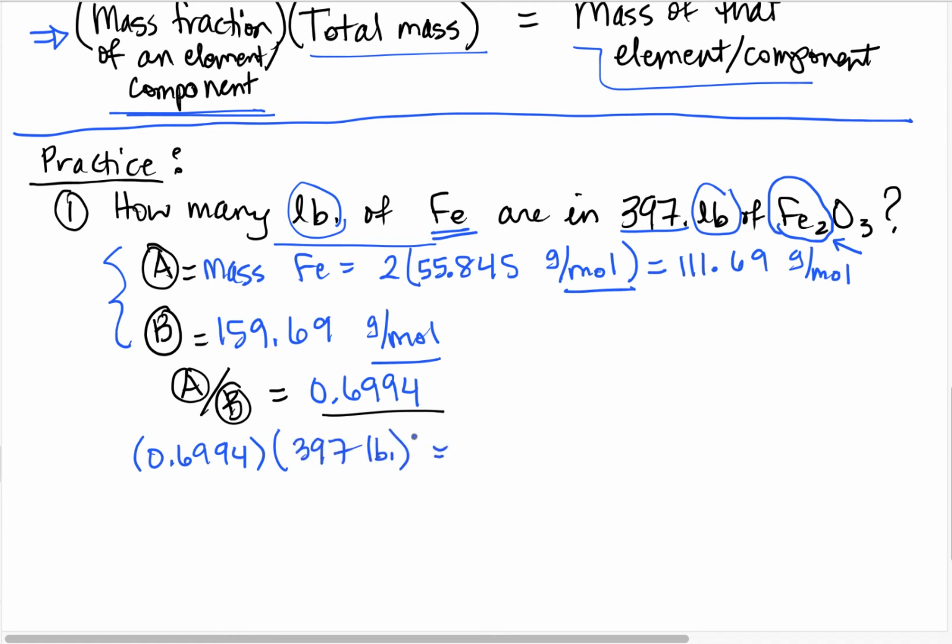And when you plug that in, you should get 278 pounds of iron in the 397 pounds of iron oxide. All right, so let's go ahead and try another practice problem.